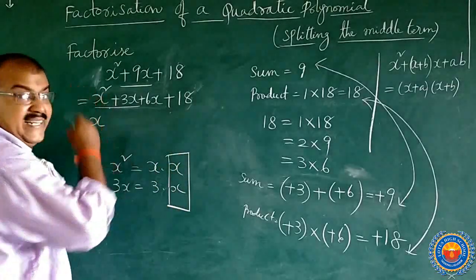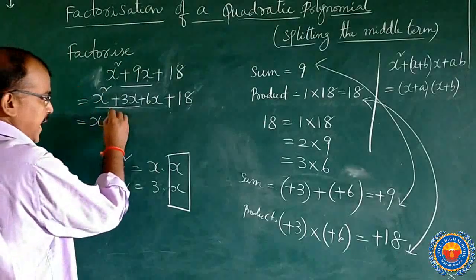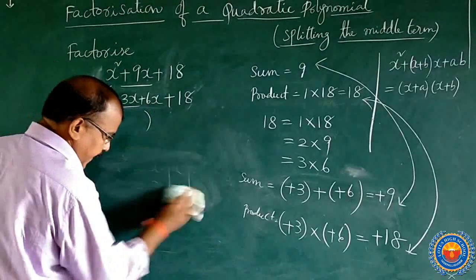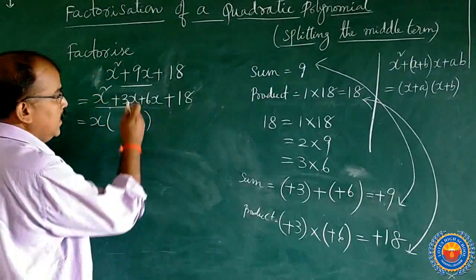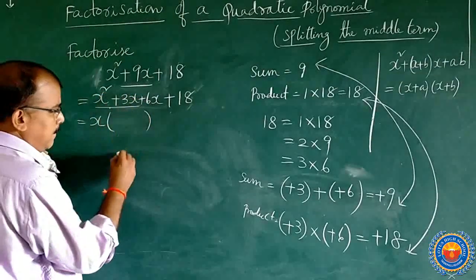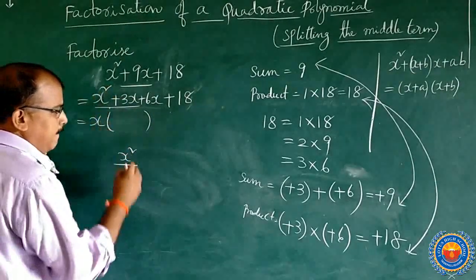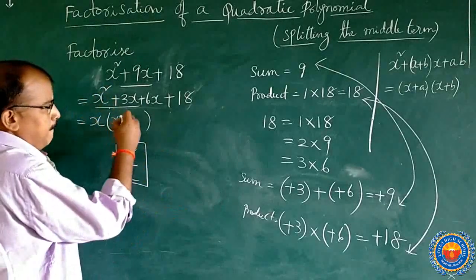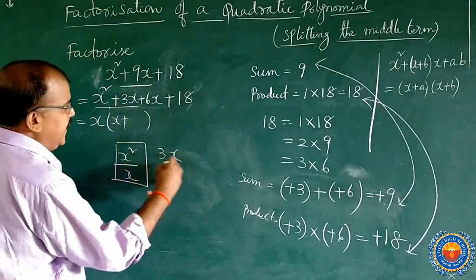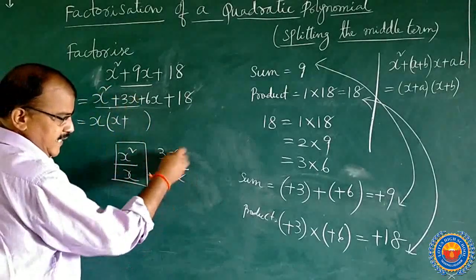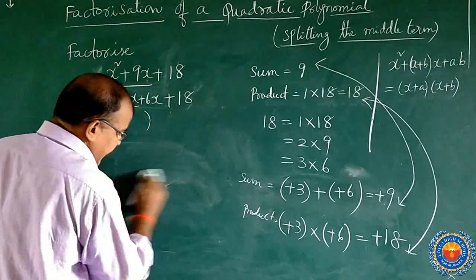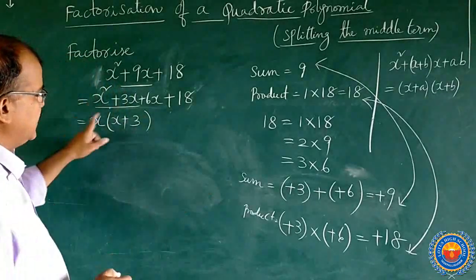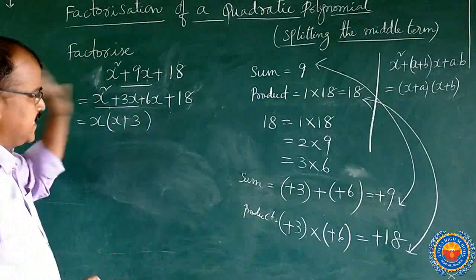That x we can take as the HCF and keep the bracket. Now x square by x is x, and 3x by x, cancel x, gives 3. So x into x is x square, and x into 3 is 3x, you can check.